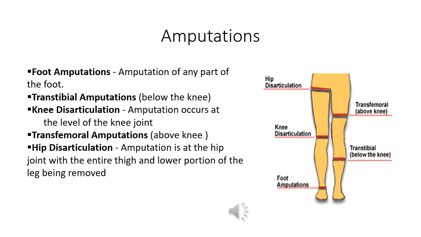So if you just lose a foot, it's going to be a lot easier to get a prosthetic going and go through rehabilitation and maintain your mobility than if you have a hip disarticulation. It's going to require much more rehabilitation and care.